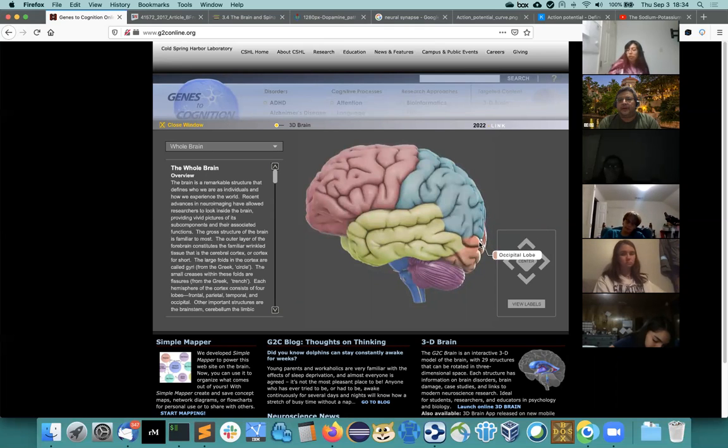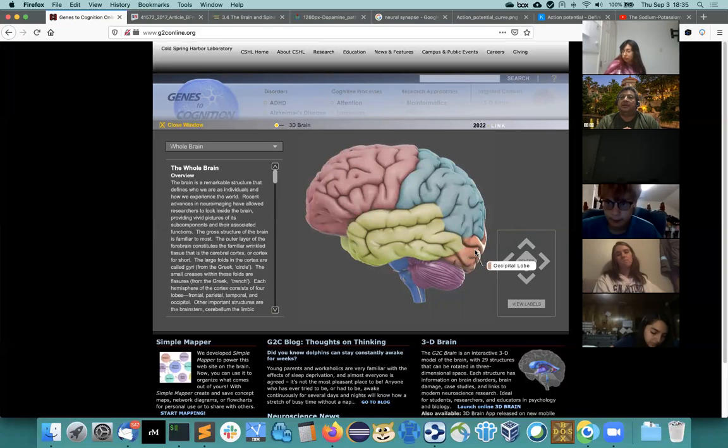Kind of underneath the parietal lobe, right here in the back of your head, is the occipital lobe. The occipital lobe is where your vision center lives, the part of your cortex that interprets visual information.